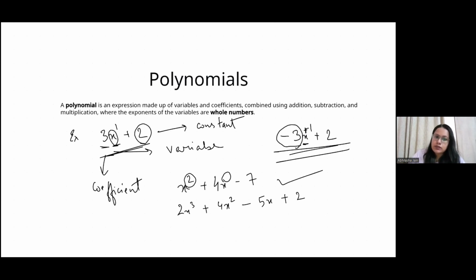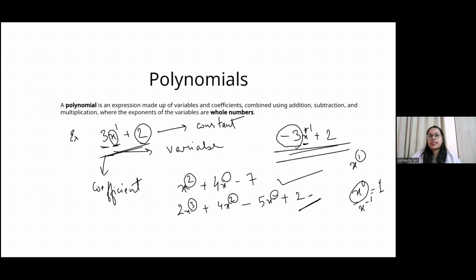Now this has a positive number as its power. No power written means the power is 1. If there was anything else, then there would be x raised to power 0, x raised to power -1. X raised to power 0 is nothing but 1. So the constant is nothing but a variable raised to power 0, and it is equal to 1. That's why we don't have to write it.